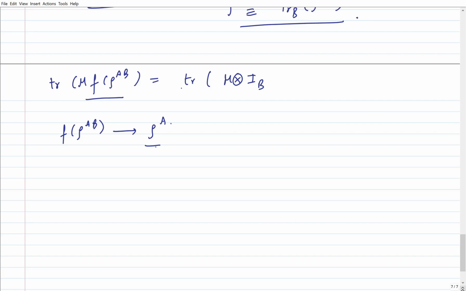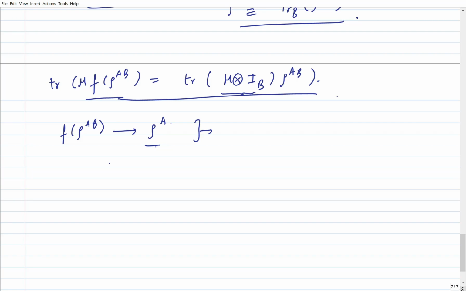I demand that the map should satisfy this property, that the expectation value of M on the reduced subsystem should be equal to the expectation value of the same measurement on the composite system. Now, one can show that partial trace is such a unique map.